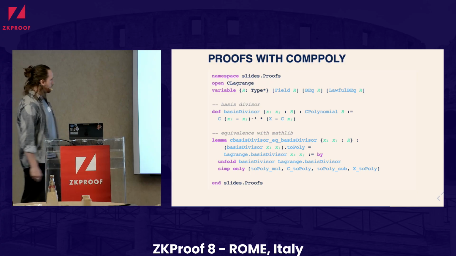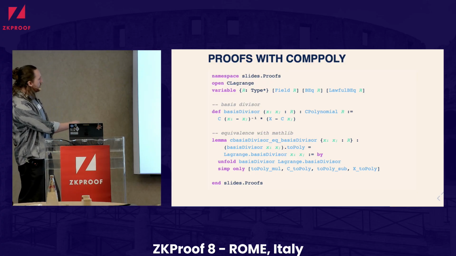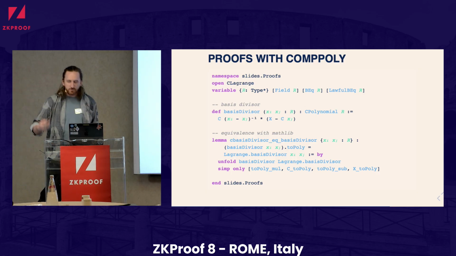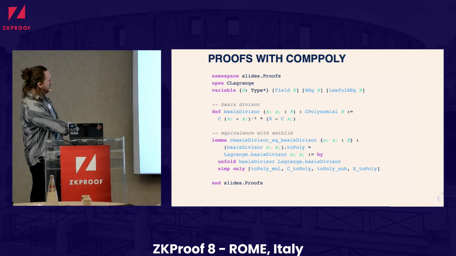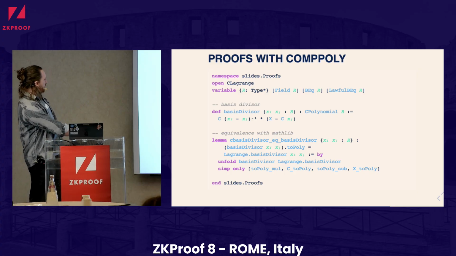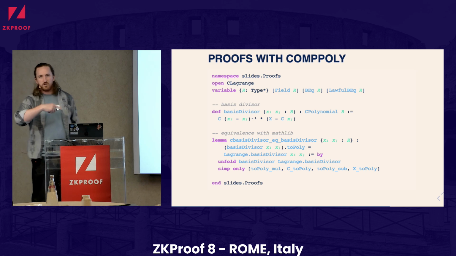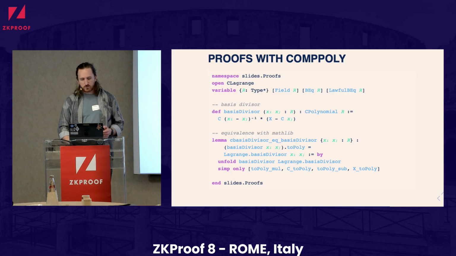So this lemma proves that the computable basis divisor function is correct, showing that it is the same under the polynomial isomorphism as the one already defined in Mathlib. The really nice thing is that in this case the proof is very simple, because it takes advantage of all of these isomorphism theorems that have already been proved. So the idea is that with CompPoly, proofs should really just follow from Mathlib.